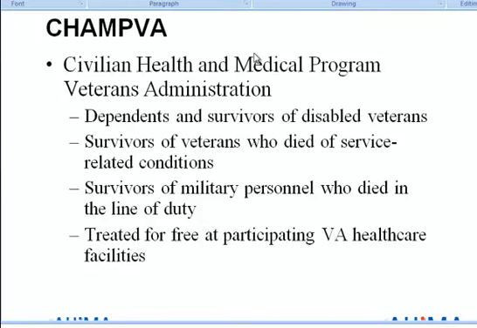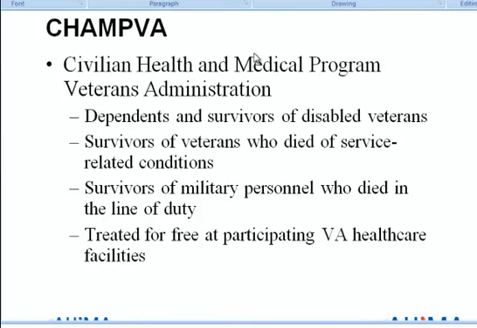This program is available for a spouse or a widow and for the children of a veteran who meets certain criteria: they're permanently or totally disabled due to a service-related disability; they were permanently and totally disabled due to a service-connected condition at the time of their death; or they died of a service-connected disability or died on active duty.